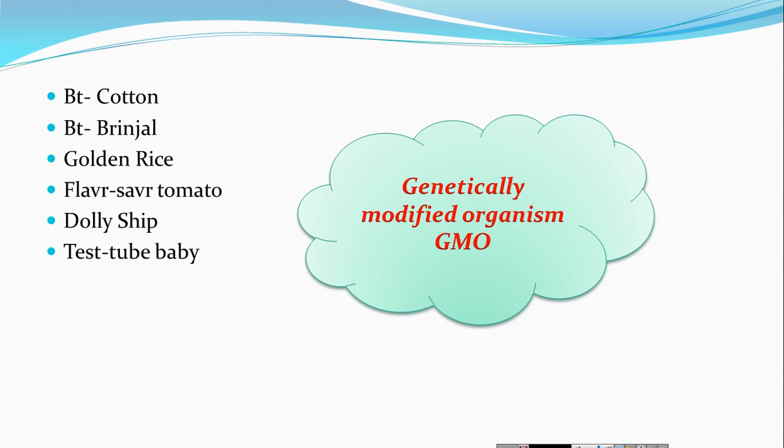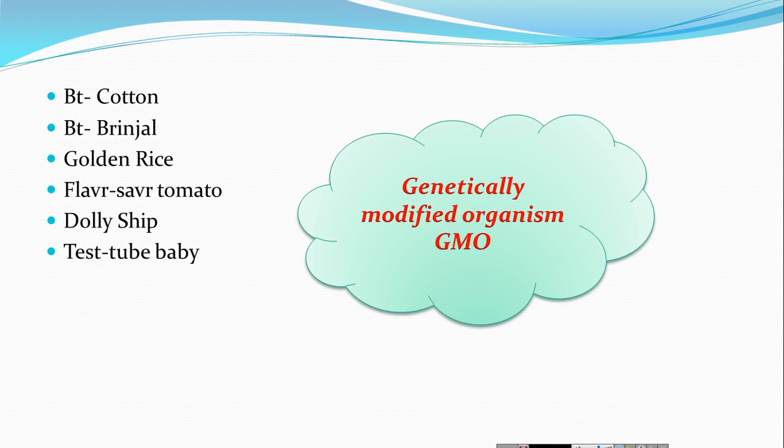Likewise, we are also familiar with golden rice, the rice rich in vitamin A precursor, and the Flavr Savr tomato with high shelf life. Along with that, we also know creations like Dolly the sheep, and the test tube baby is a success of gene cloning.